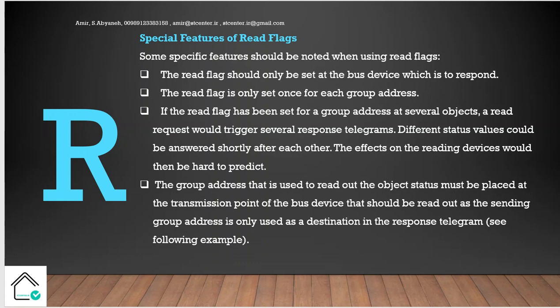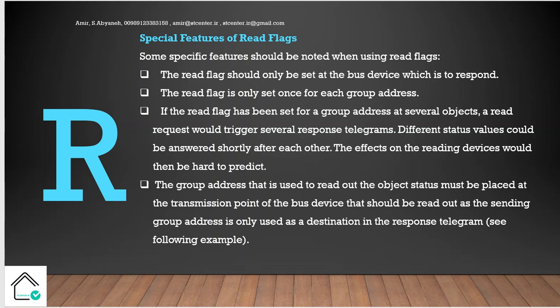Great. The next point: if the read flag has been set for a group address at several objects, a read request would trigger several response telegrams. Different status values could be answered shortly after each other. The effects on a reading device would then be hard to predict. So this supports the last point: in one group address, only one group object has the read flag on.